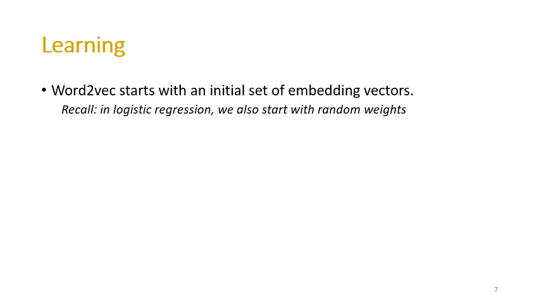Now, the job that we have here is that we need to get the vector T and the vector C, such that for the correct pairs, the similarity between T and C is high. And for the wrong pairs, or the pairs that never appear together, the similarity between T and C should be small.